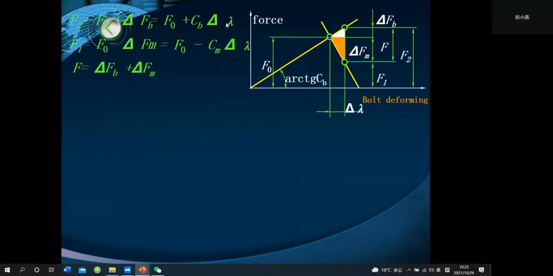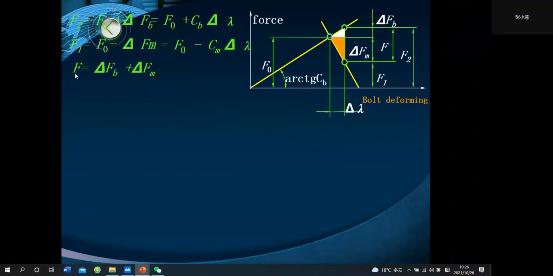Delta lambda is the deformation, and Cb is the stiffness coefficient of the bolt. And for members, the actual force F1 is equal to F0 minus delta Fm, which is equal to the preload F0 minus Cm times delta lambda. Cm is the stiffness coefficient of the members.